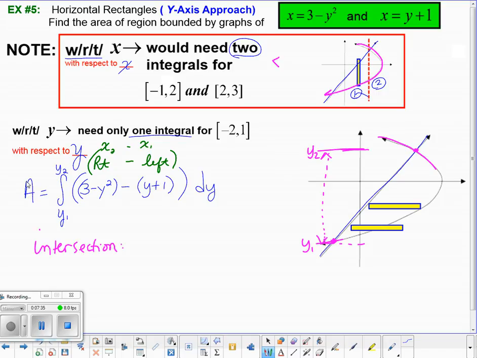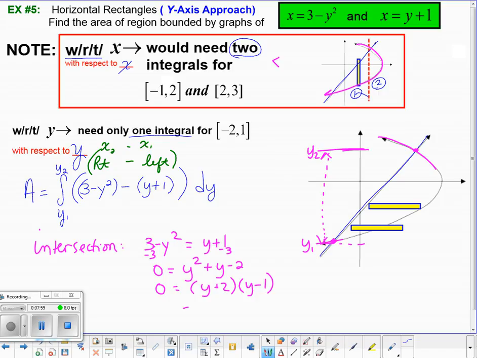To capture the intersections, let's take the equations and set them equal. So we're going to have 3 minus y squared is equal to y plus 1. I'm going to move everything to the right side on this, so I get a positive y squared plus y. Subtracting 3 will give us -2. This is factorable, hip hip hooray, and we get y plus 2 and y minus 1.